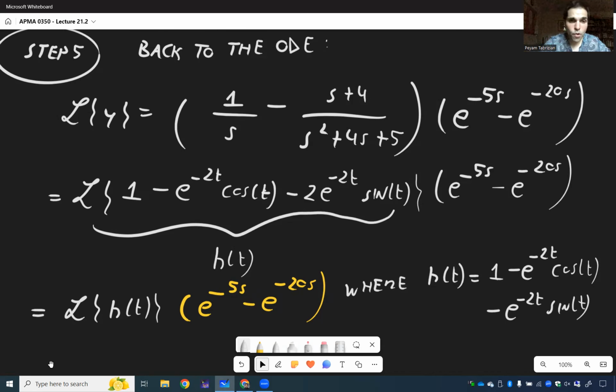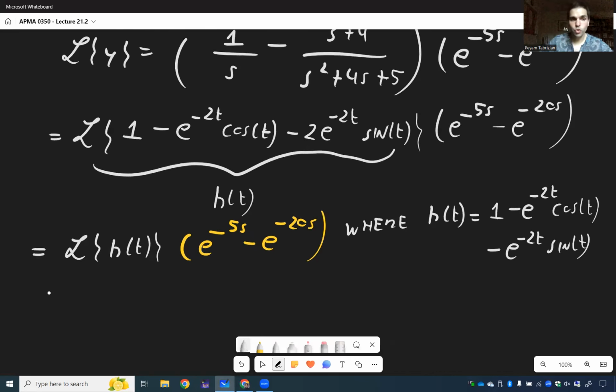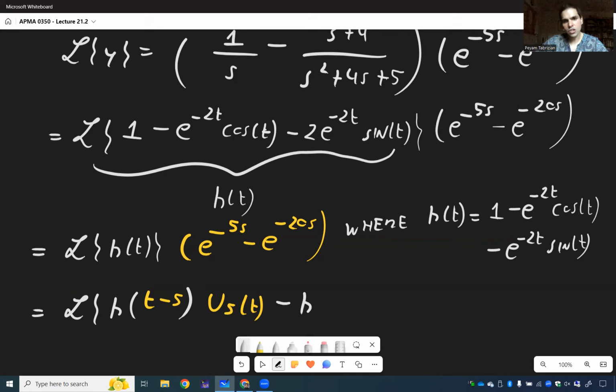And then remember, what does the exponential term do? It shifts and jumps. So this is the same thing as L of h of t minus 5, u5 of t, and then minus h of t minus 20, u20 of t.